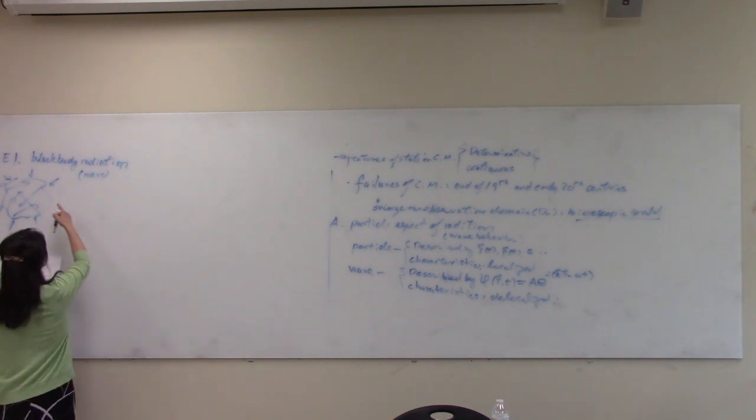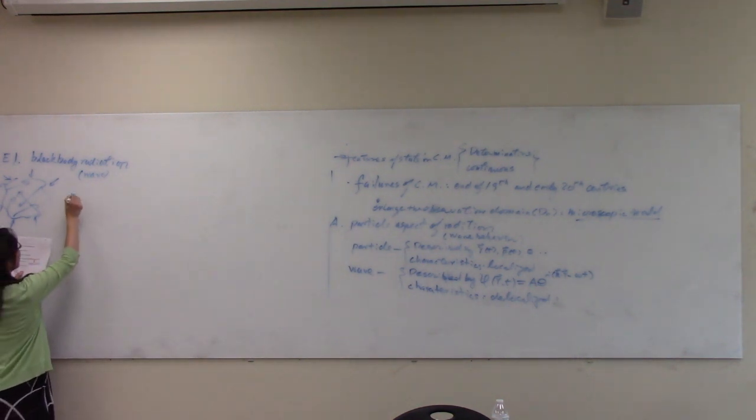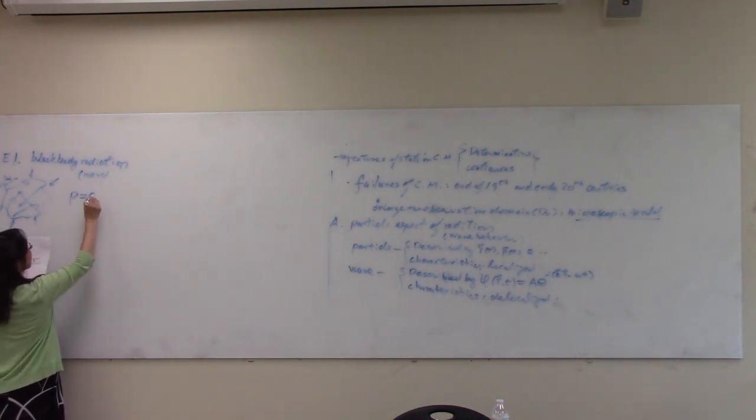Now let's see what happened. For this black body, we have the total power, which follows this equation here.